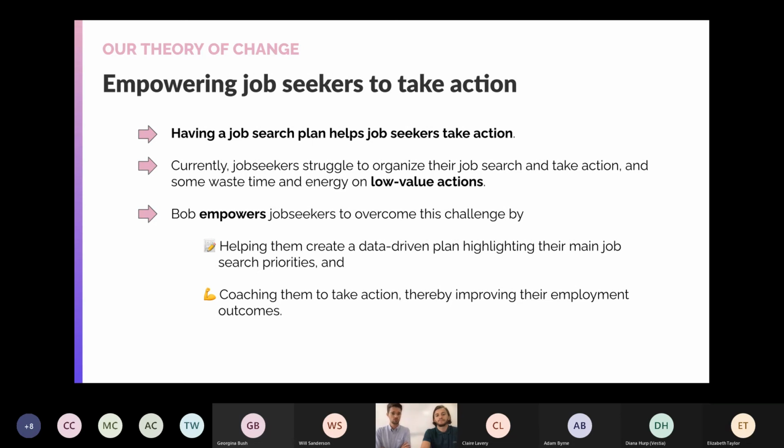So what Bob aims to do is really to empower job seekers to overcome their challenges by first helping them create a data-driven action plan that they can own, and that's based on their job search priorities. And based on this action plan, provide ongoing coaching to help them take action and ultimately improve their chance of recovering a job.